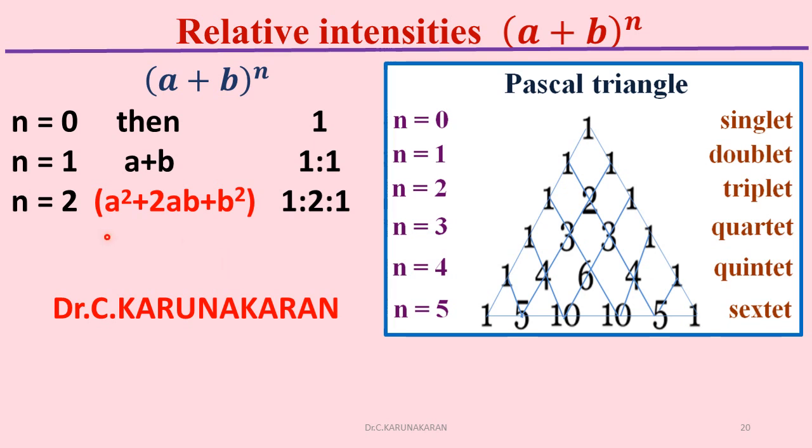So using the binomial expansion and their coefficients, the intensities of the multiplets are obtained.